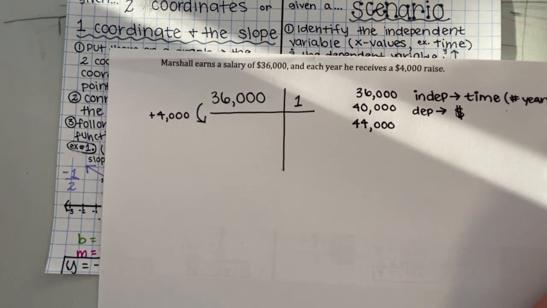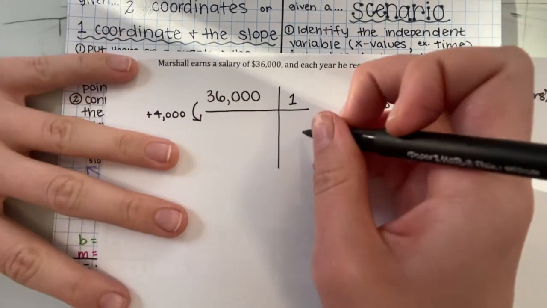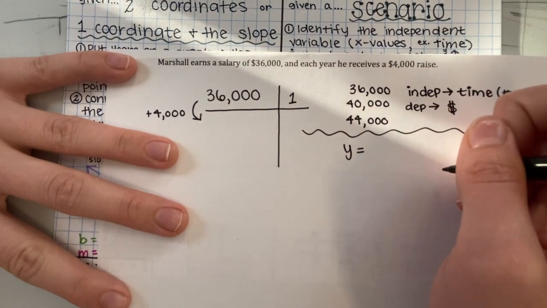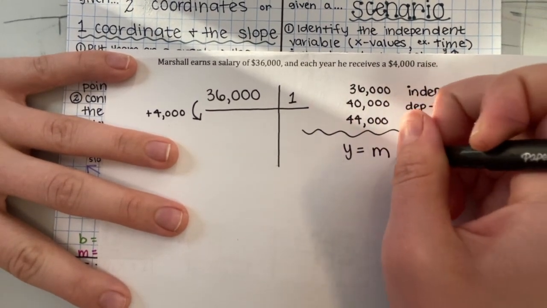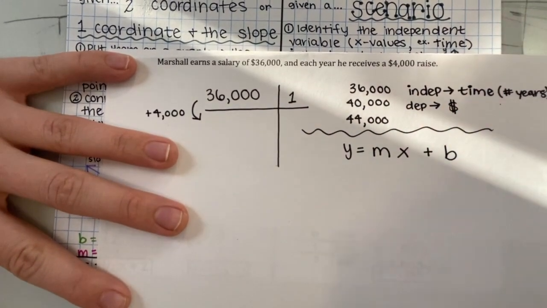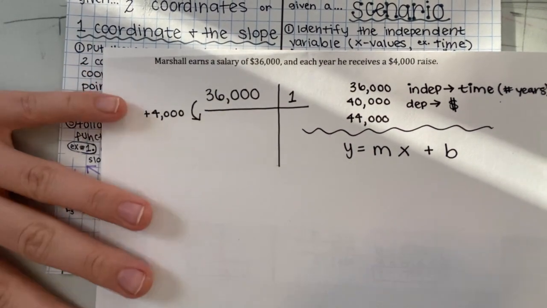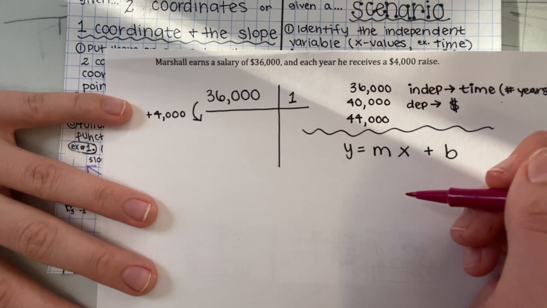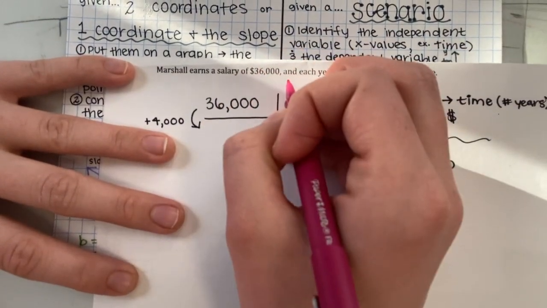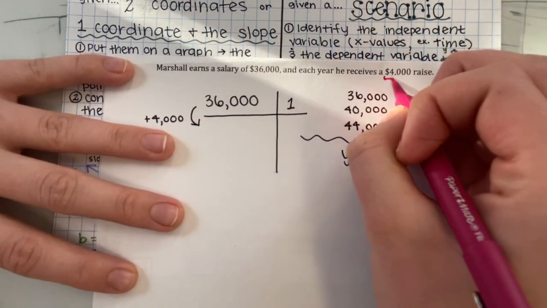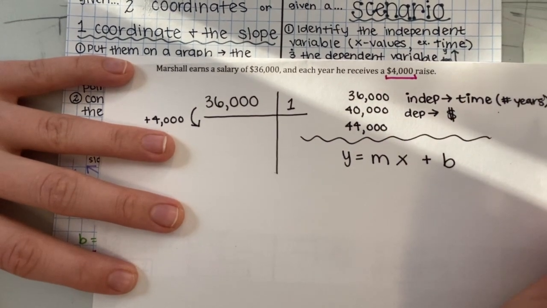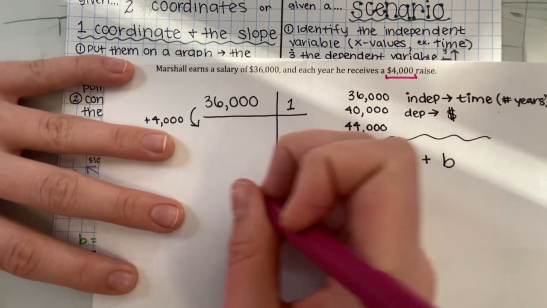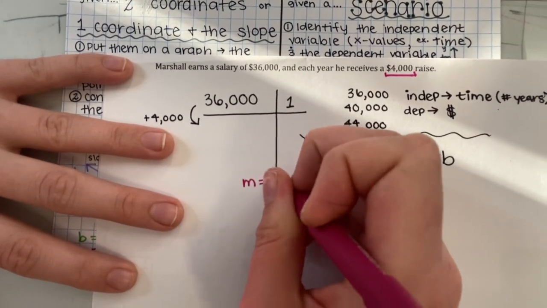So if I go to write this equation, I know the general form of my equation, y equals mx plus b. I'm thinking about what is it that is changing. What is changing is my total salary, and that's changing by $4,000 each year. So m is going to be 4,000.